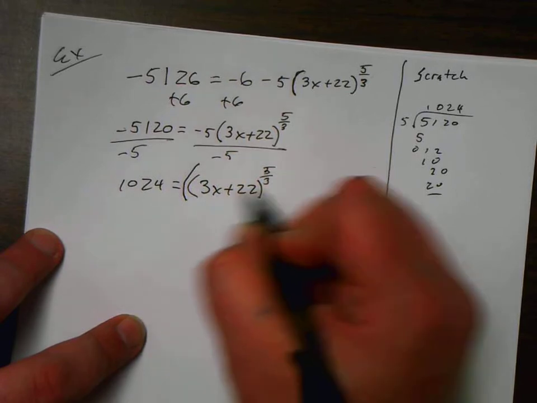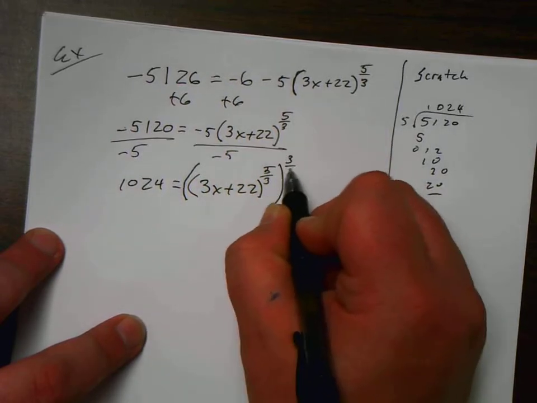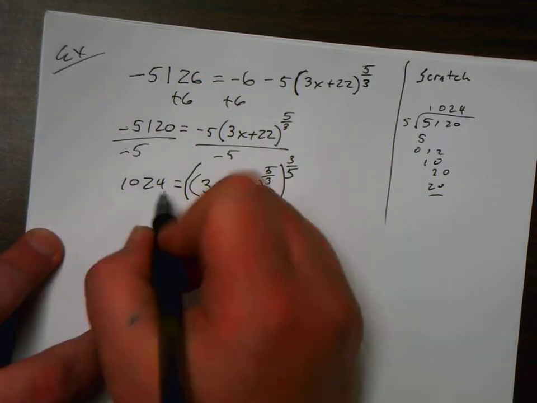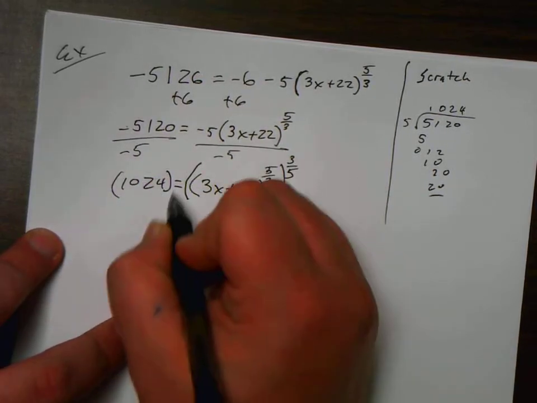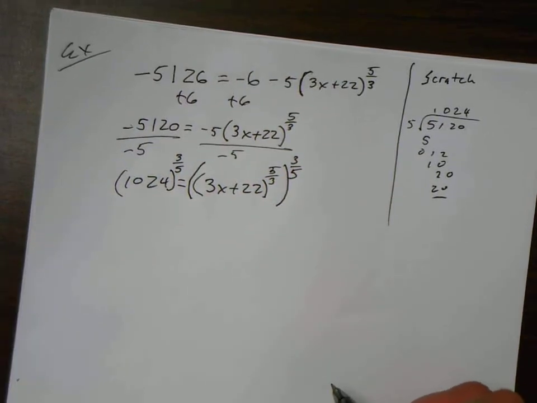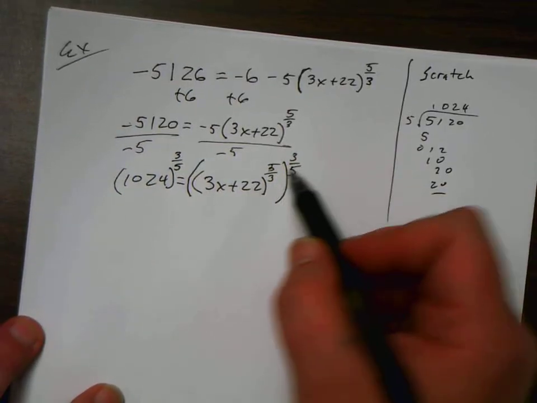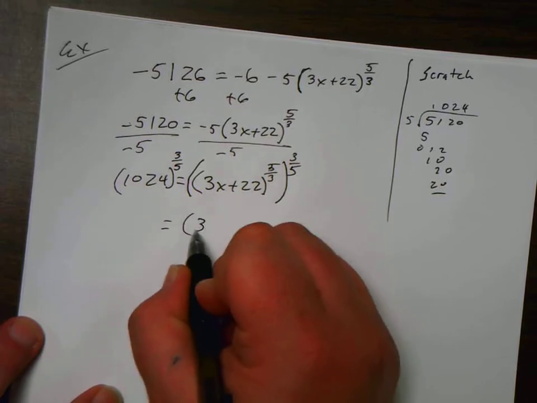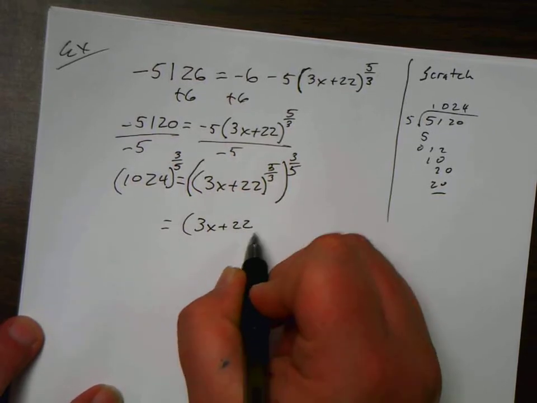I have to raise to the reciprocal power. So I want to raise to the 3/5, so I need 1,024 raised to the 3/5 power, and I'm left with 3x plus 22 on this side.